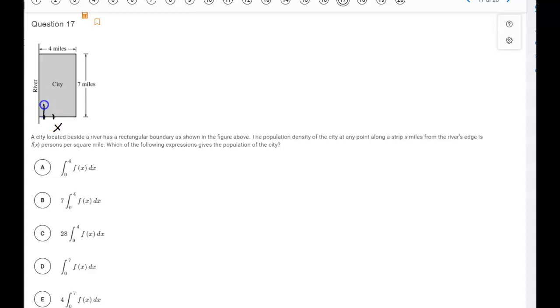So actually, along this vertical line here, we have a certain population density, and along this line here, we have a certain population density, and so on. As we get farther away, the density of the population is less. Okay, so now let's go ahead and we'll label these a little bit, actually.